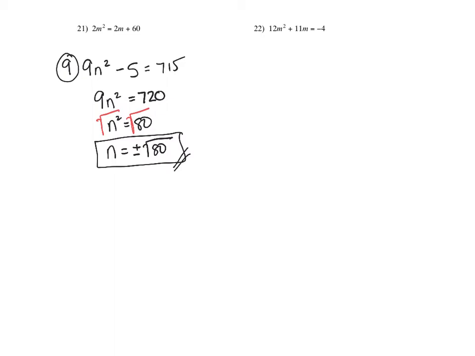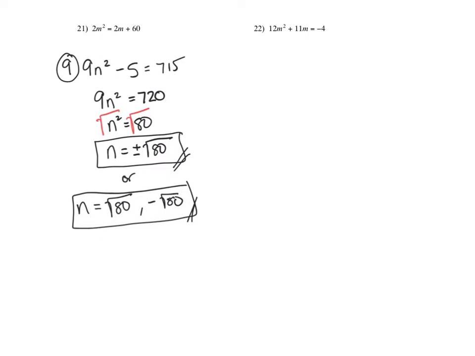If you have questions about how to do that, stay after class and we can work on that together. But I'm okay with this answer, where n is equal to the positive and negative version of the square root of 80. If you would also like to say n is equal to the square root of 80 or negative square root of 80, if you'd rather write it like this, that is also totally fine. So this is problem number 9.